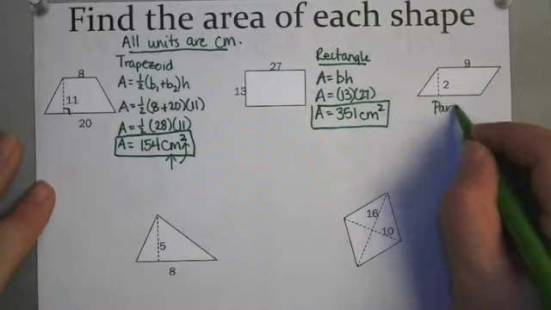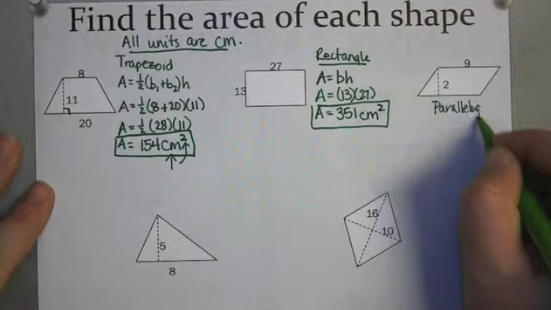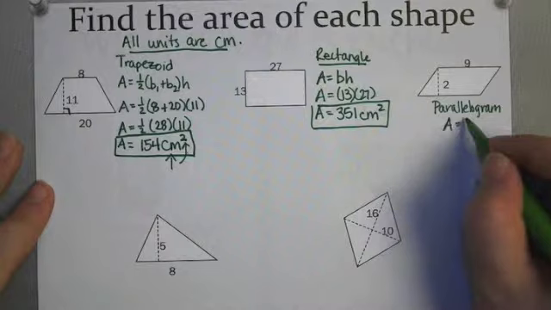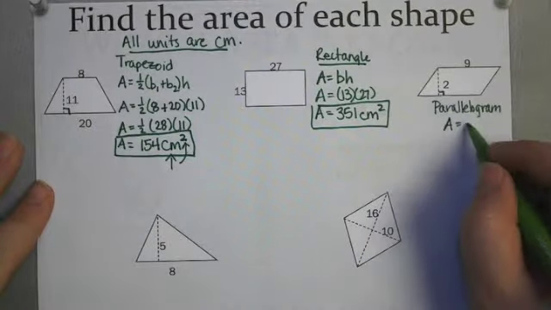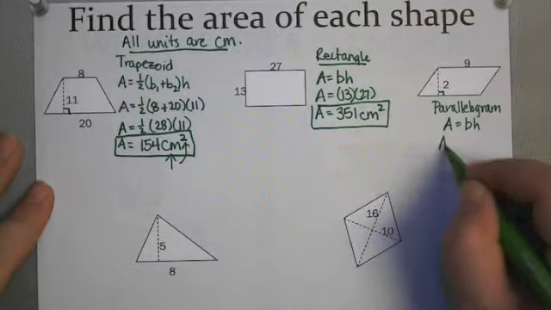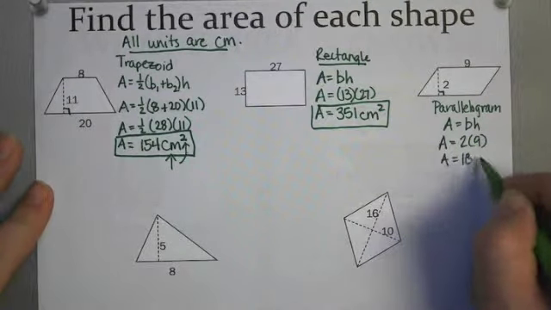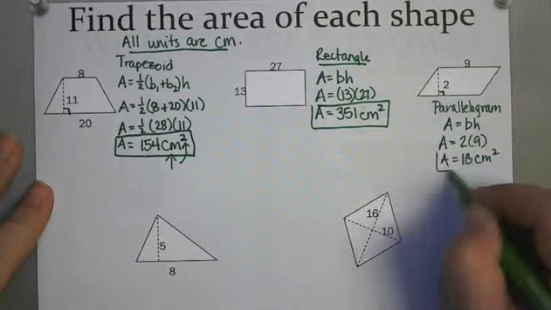Next, we have a parallelogram. The formula for a parallelogram, area equals base times height. Plug in what we know for the base, plug in what we know for the height, and we get 18 centimeters squared.